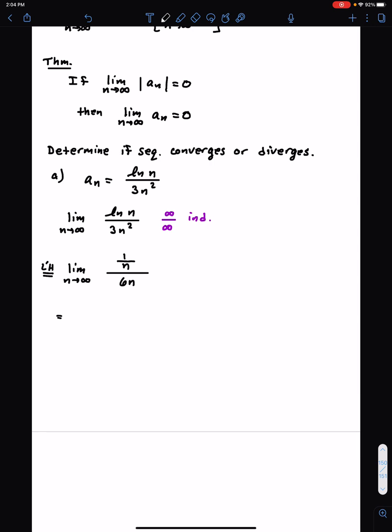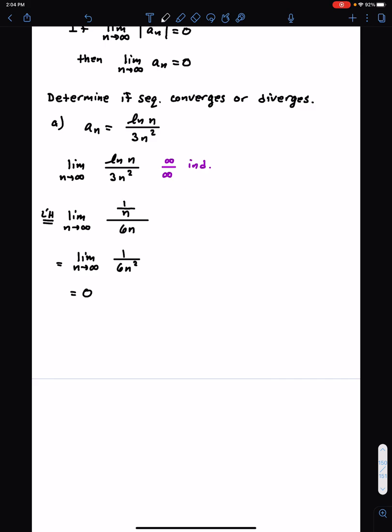If I simplify this, limit as n approaches infinity of 1 over 6n squared. This limit is equal to 0, which implies that the sequence a sub n converges, since the limit is a real number.